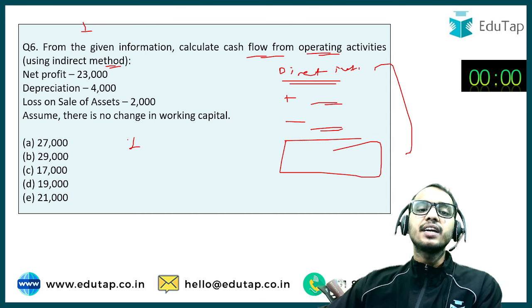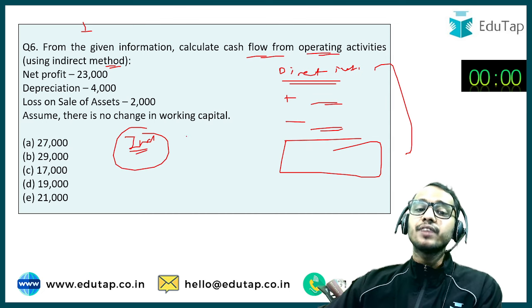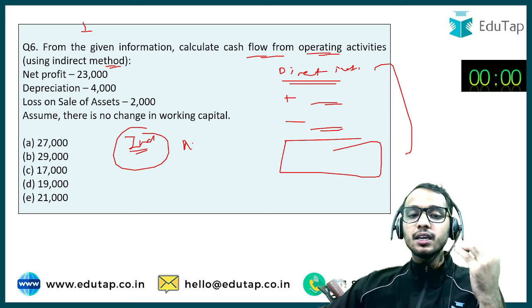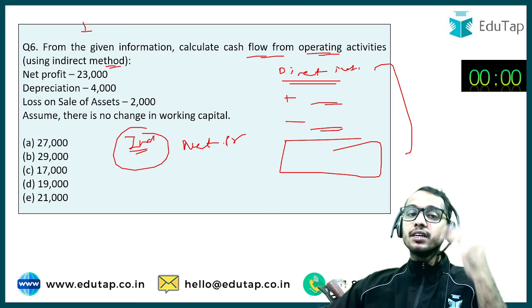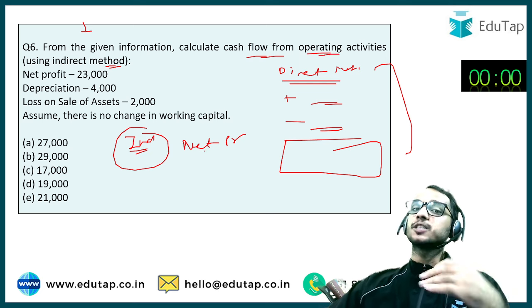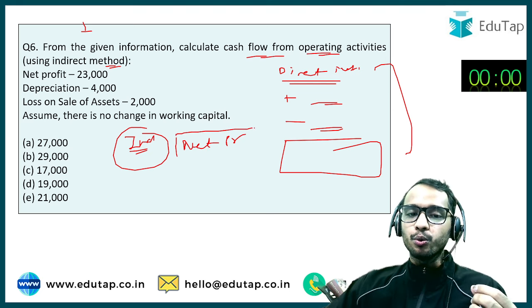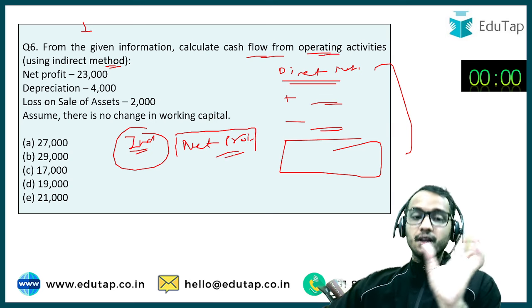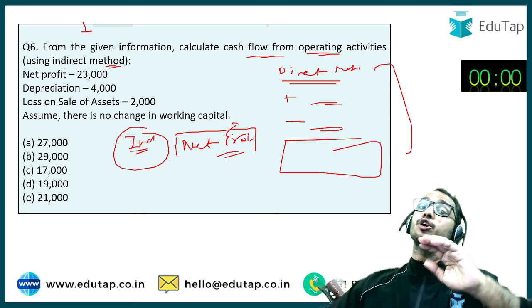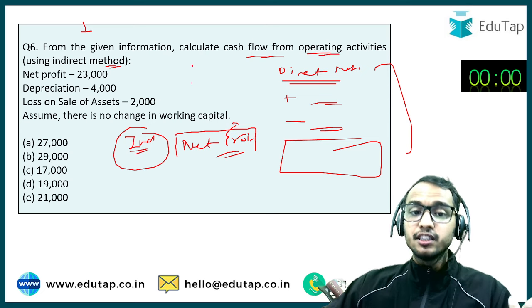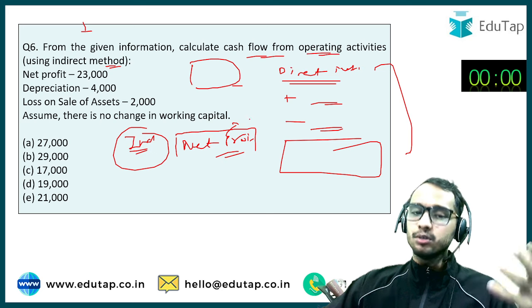But in case of indirect method, what to do? In case of indirect method, you start from the net profit. Then you reverse all the non-cash and non-operating expenses, because when you have taken net profit as your initial item, in this net profit, all your non-cash and non-operating items have also been adjusted in the PL account. From the PL account, you get your net profit.